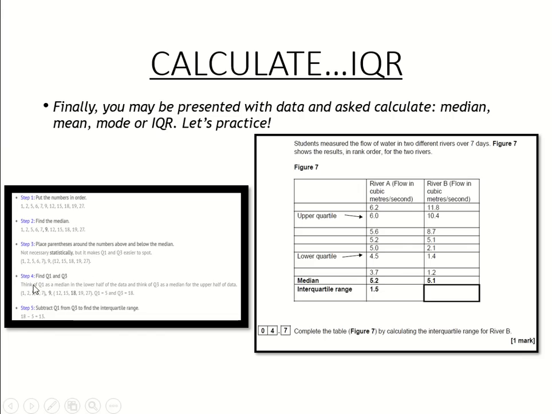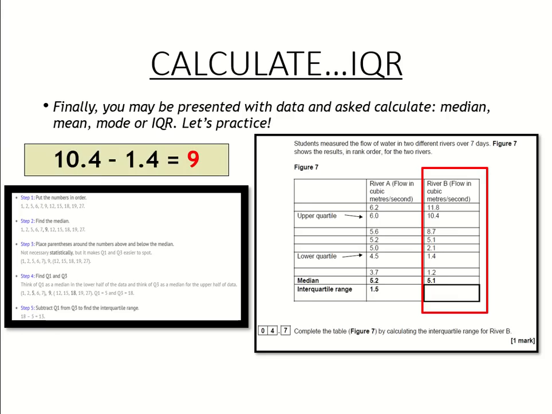We subtract Q1 from Q3 to get the interquartile range. So you line them all up and find the median. You split them into the upper and lower quartiles. Then within that, you find the median again. And for this question here, that would work out at 10.4 minus 1.4, which would equal 9.